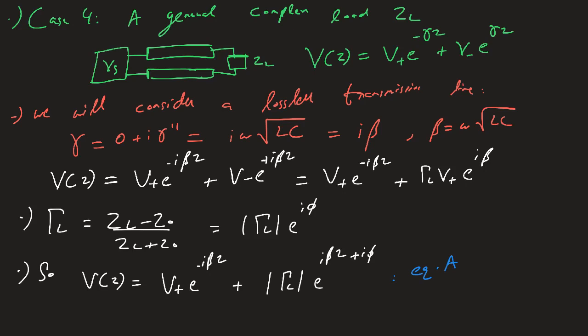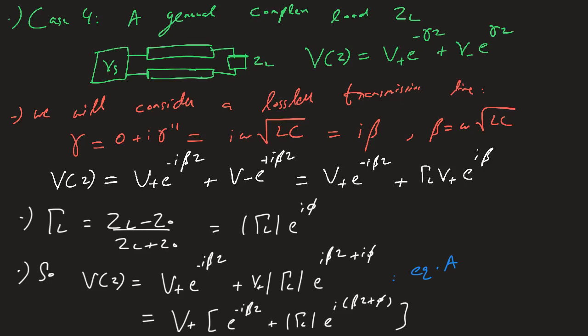Anyhow, so simplifying this a bit more, this becomes equal to V plus into e to the power minus iota beta z plus the magnitude of gamma L times e to the iota times beta z plus phi, right? Nothing new there.